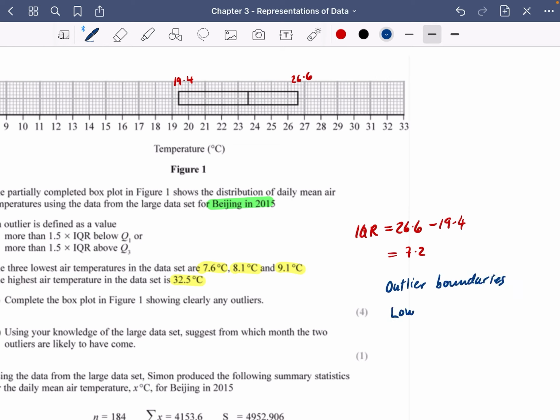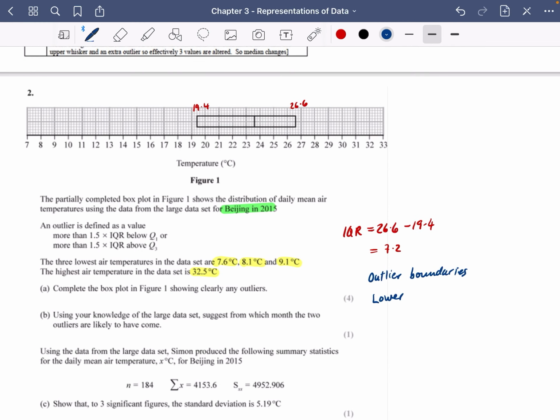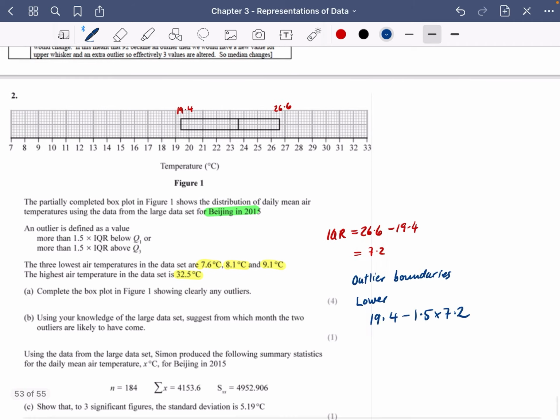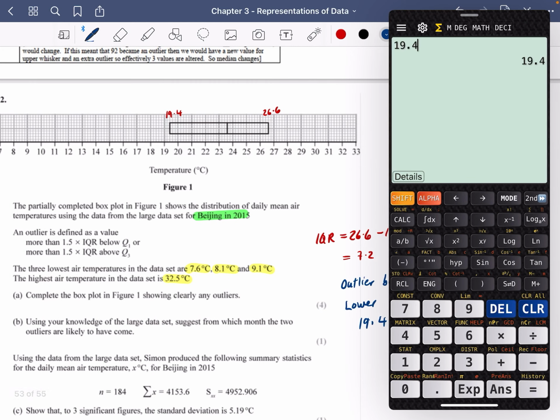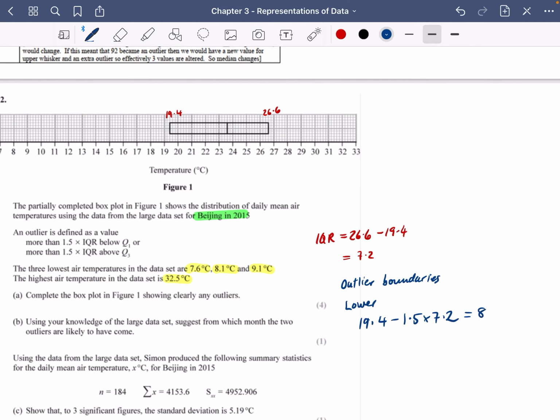So the lower boundary is going to be Q1, which is 19.4, minus 1.5 times the interquartile range. That's 8.6. So 8.6 is the lower boundary, which means that 7.6 and 8.1 are outliers.